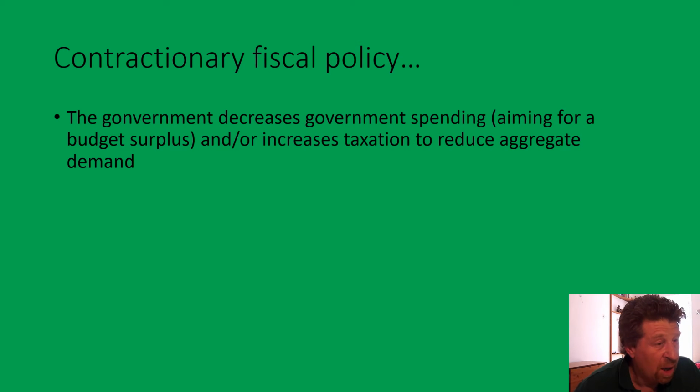Alternatively, a contractionary fiscal policy would be where the government decreases government spending and or increases taxation to reduce aggregate demand. So maybe they're worried about inflation and they decide to reduce the economic activity, and so here they will be aiming for a budget surplus.